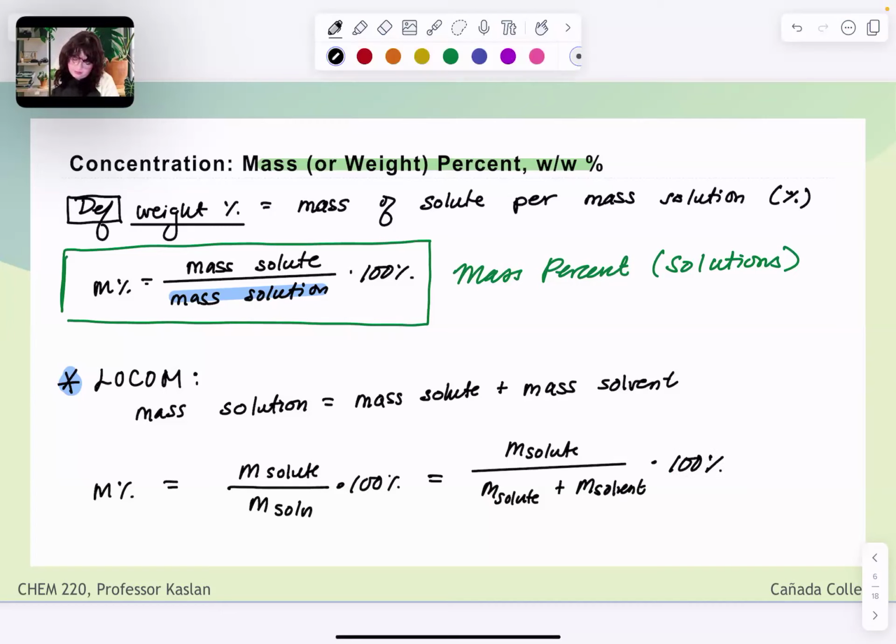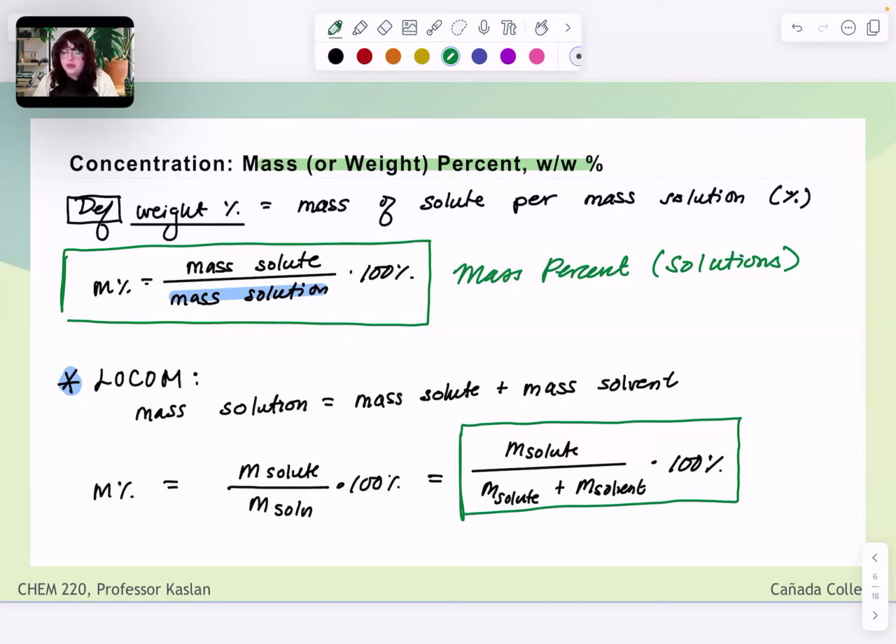So these are both expressing the exact same thing. It's just that sometimes we don't know the exact mass of solution, but we can solve for the mass of its components. So this is why it's a good idea to remind ourselves of this unbroken rule of the universe, the law of conservation of matter. It's popped up three times now when talking about solutions.